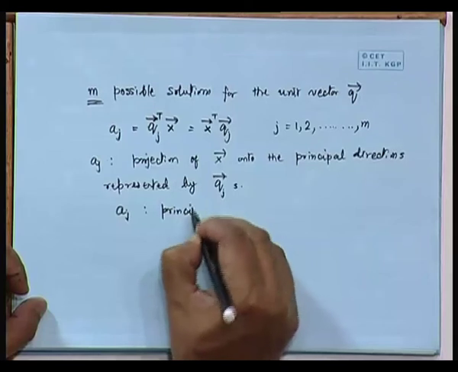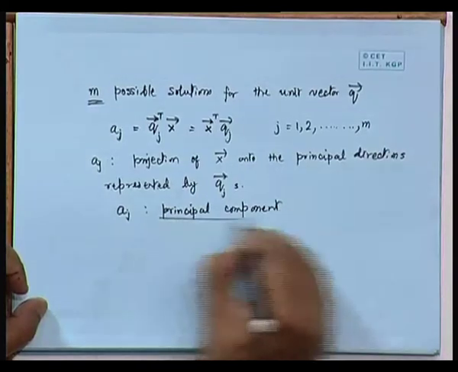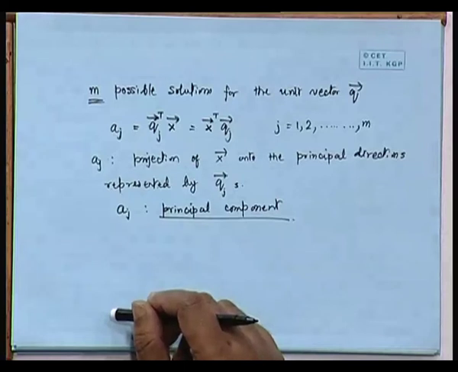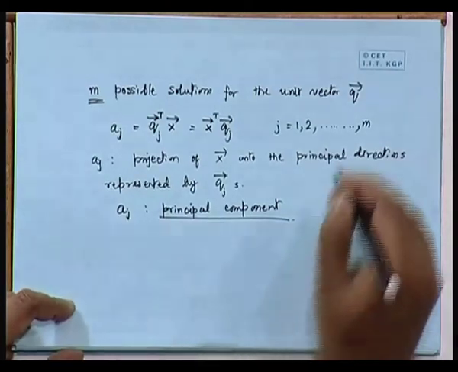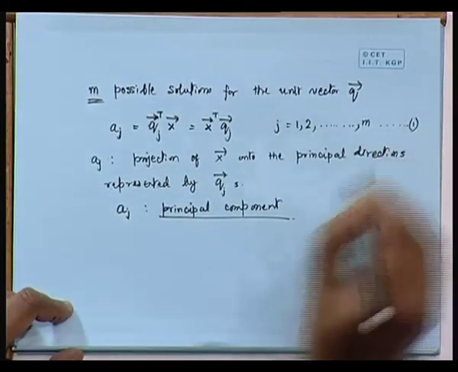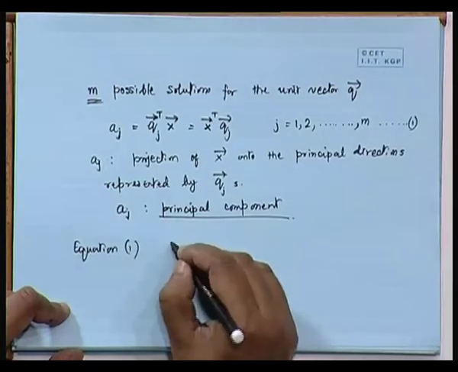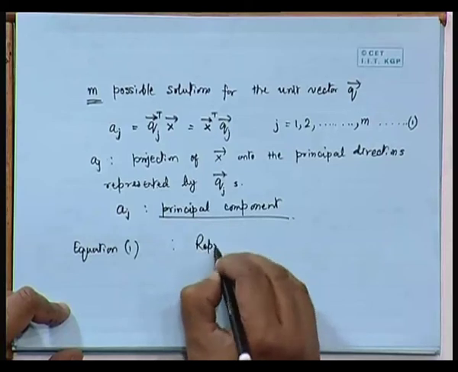That is why the name principal component originates. So, basically we are going to have m such principal components. Out of those, which ones are very important to us, we will be discussing very shortly. Now we have this equation, call it equation number 1. This equation number 1 we are going to call an analysis equation. So, equation 1 basically represents the analysis.